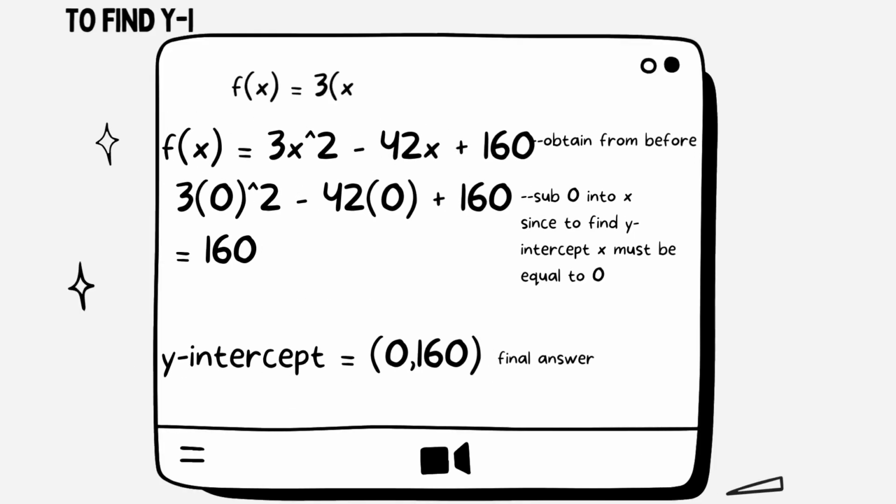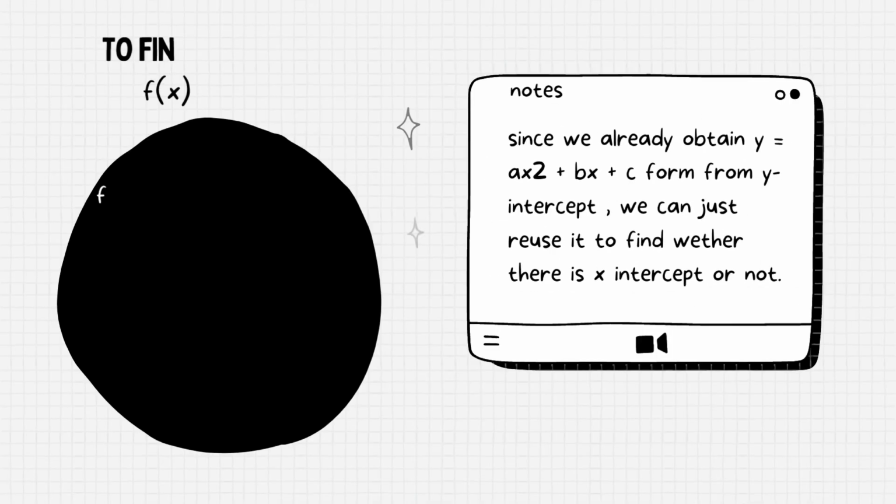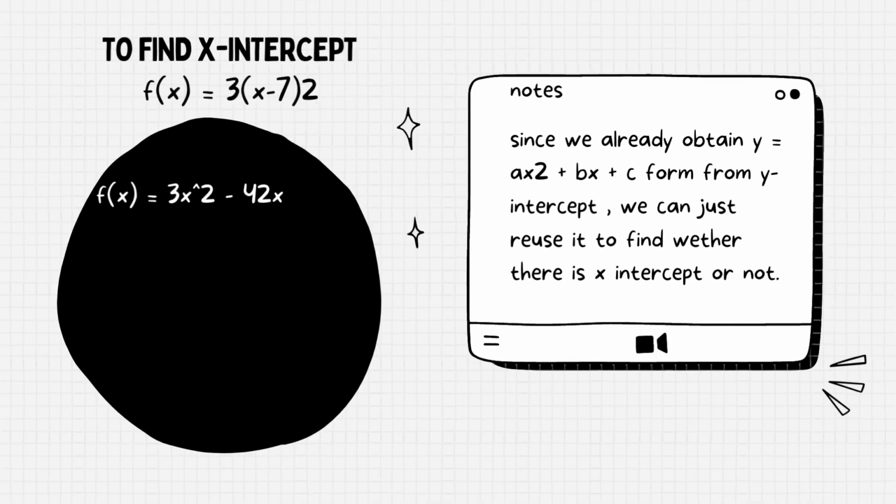After we get the function in parabola form, we substitute 0 into x, since to find the y-intercept, x must be equal to 0. After we substitute, we should get the y-intercept as 0 as the x coordinate and 160 as the y coordinate as our final answer.